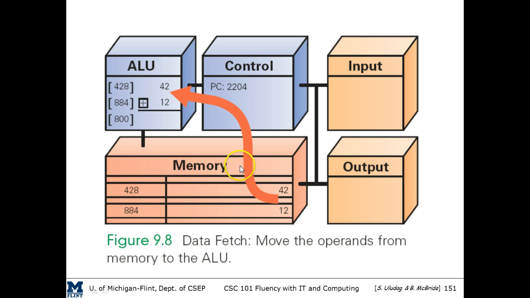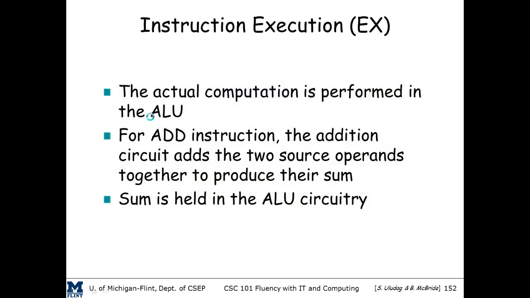The bits that represent 12 are read into the ALU circuit as the second operand, and then they're going to be added together. So the ALU takes over the execution portion of the sequence. So again, we've done instruction fetch, instruction decode, data fetch, and now the execution.